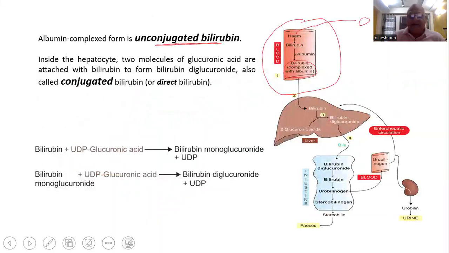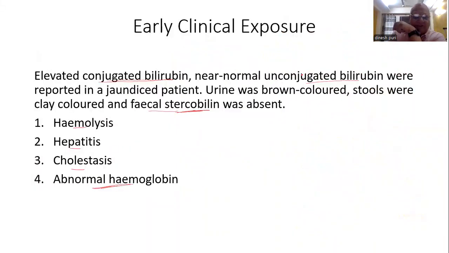It is unconjugated bilirubin, or the bilirubin albumin complex. So the first option, in hemolysis there will be elevation of the unconjugated bilirubin. But in the patient we are considering, there is near normal unconjugated bilirubin level. So this option we can very safely rule out.